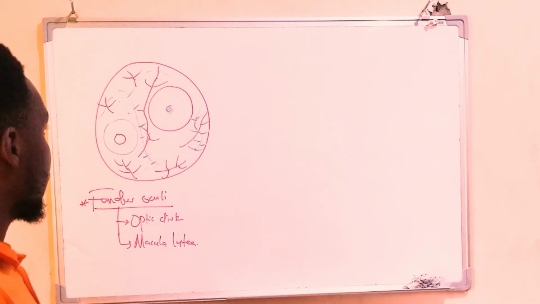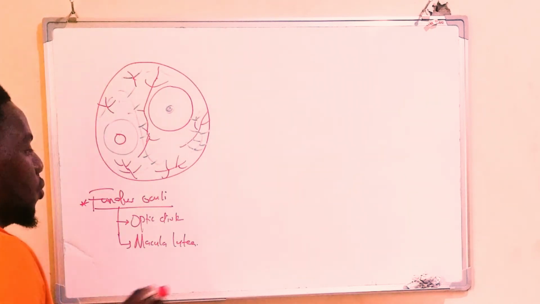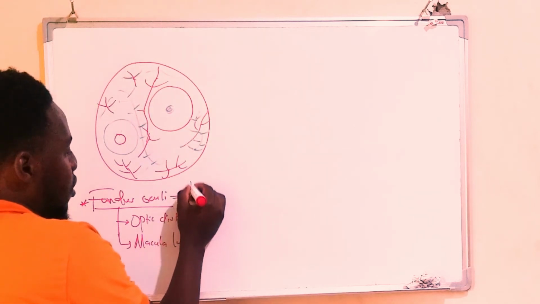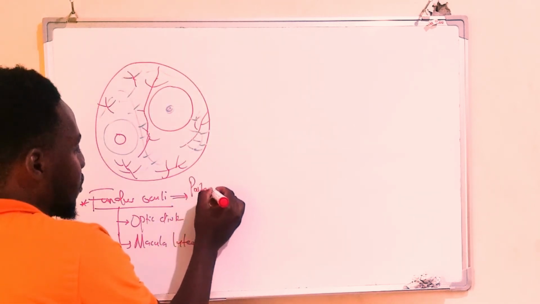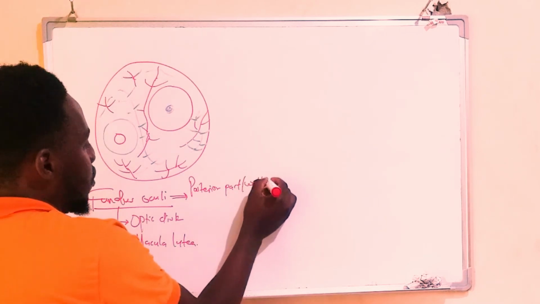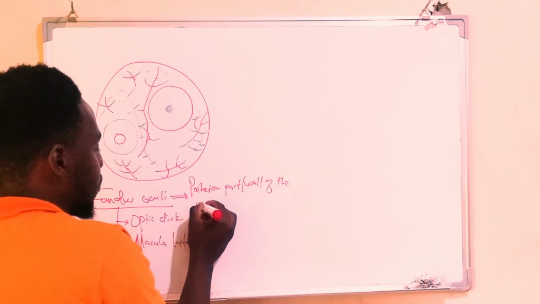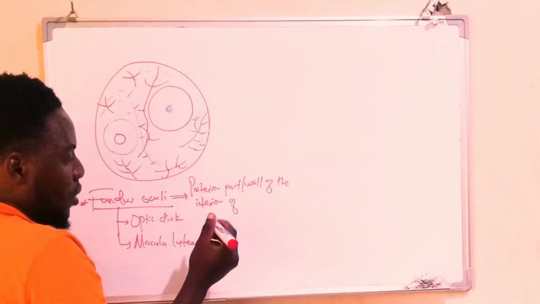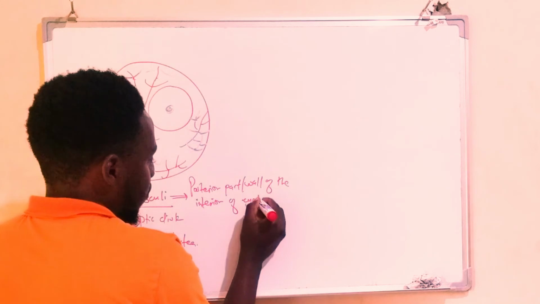So this fundus oculi is simply the posterior part or wall of the interior of the eyeball.